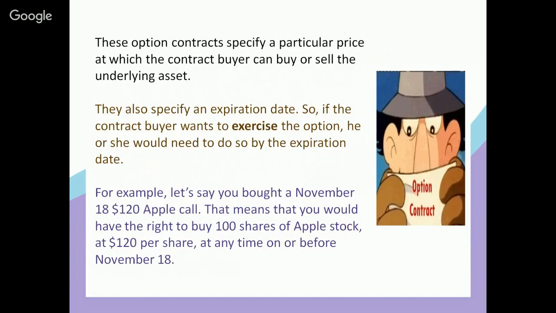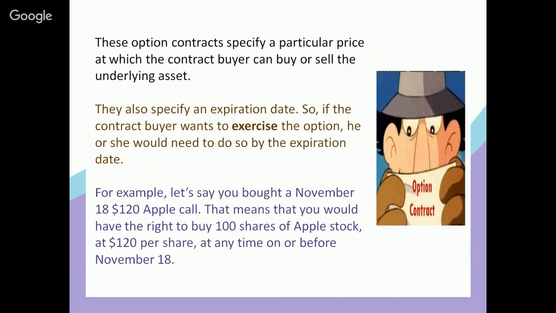So when I say exercise the option, remember, a call gives you the right to buy 100 shares of a particular stock at a particular price and by a particular date. And so you'd have to do it by the specified expiration date. And a put gives you the right to sell 100 shares at a particular price by the expiration date.